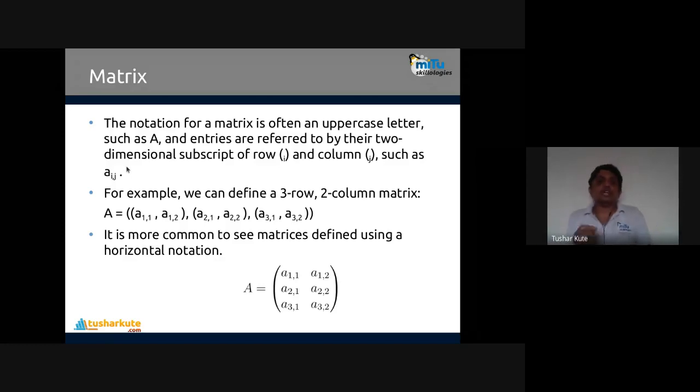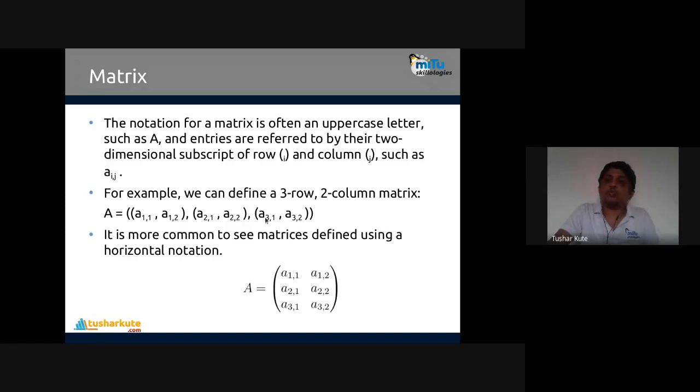For example, we can define a 3-row and 2-column matrix like this. A is equal to, make sure double brackets are given there, parentheses here. The first row is A11, A12: row 1 column 1, row 1 column 2. Then A21: row 2 column 1, row 2 column 2.